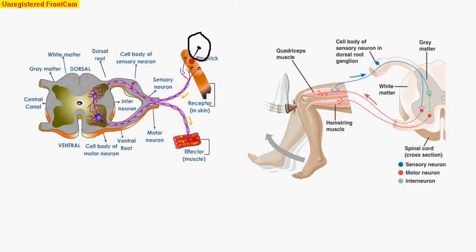So we have this action potential created over here, and the sodium ion starts to flow. This region is dendrites, and they join to form dendron. So we have this dendron over here, okay, and this dendron joins to the axon.